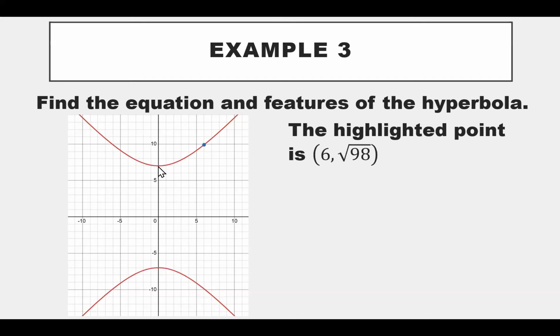First off, we can see that this hyperbola is pointing up and down, and it's centered at the origin. If you move up 7 units and down 7 units, you hit a vertex. So those are the important features here to get us started. And then we have a point on the hyperbola that is given to us.